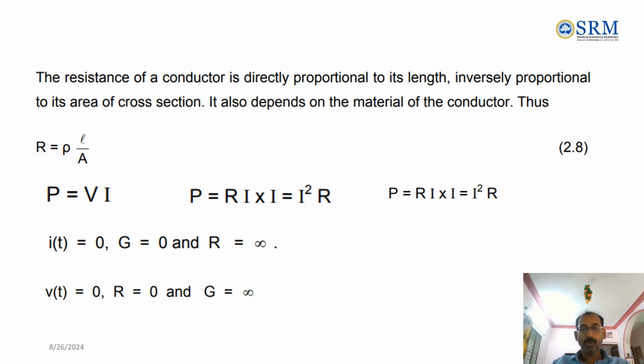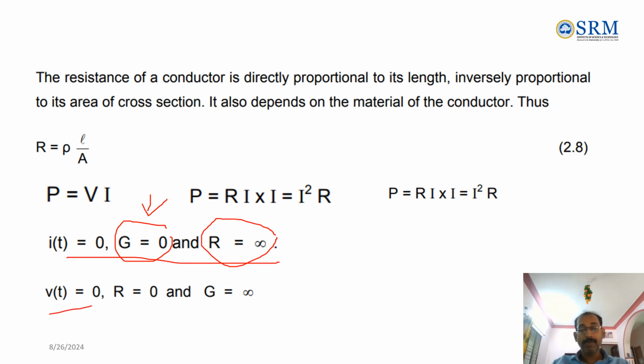When I is equal to 0, G is equal to 0, R is equal to infinite. What is this? When current is 0, it means it is an open circuit. That is, resistance R is infinite and the conductance is 0, because conductance G is nothing but the reciprocal of resistance. So if R is infinite, the conductance should be 0.